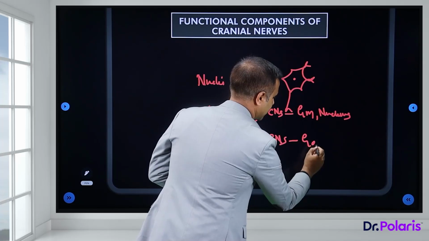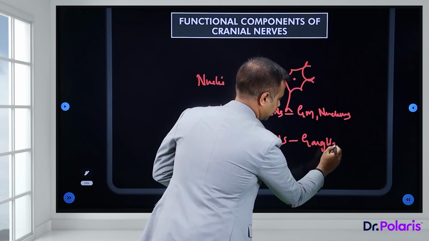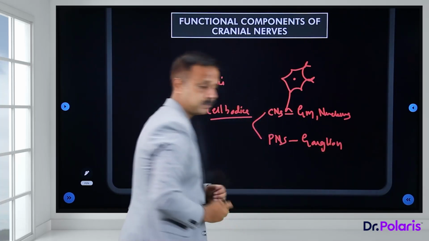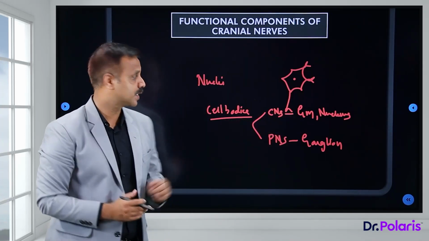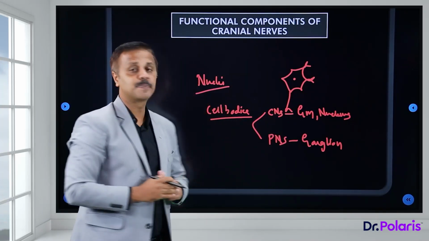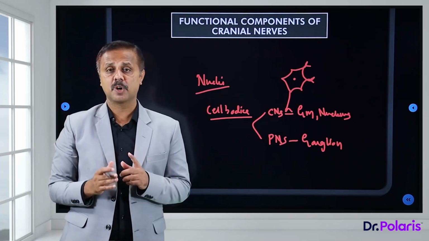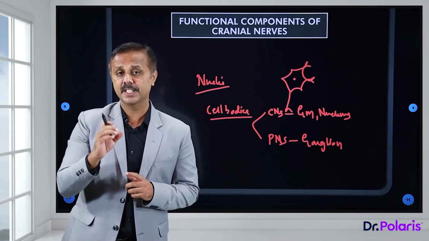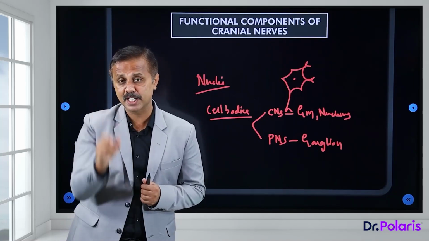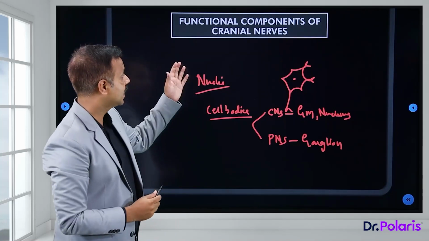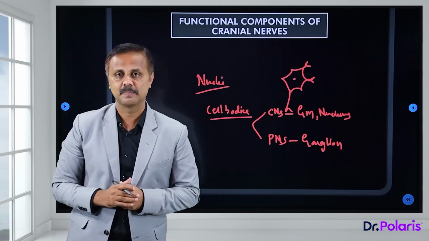We call it ganglia. Done? So, when we refer to nucleus from now onwards, remember, we refer to a collection of cell bodies of neurons within the CNS which is localized. Now, when this is present as an elongated column, we refer to it as the functional column.